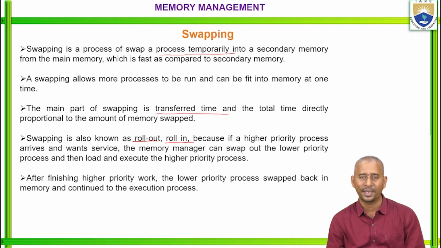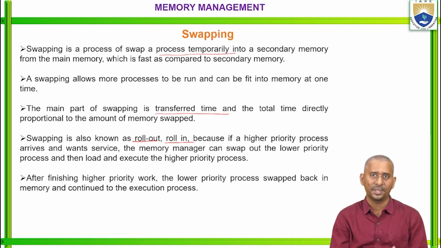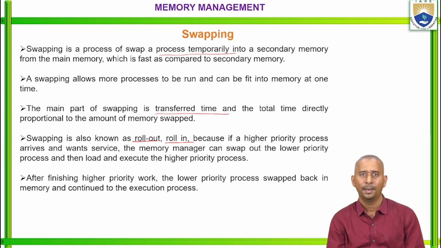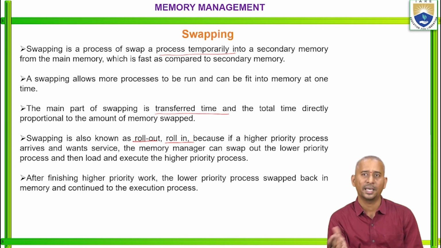The memory manager swaps out the lower priority process and swaps in the highest priority process from the backing store. After completion of the highest priority process, what happens? The lower priority process is swapped back into memory and continues execution. So this is the necessity of swapping in memory management.